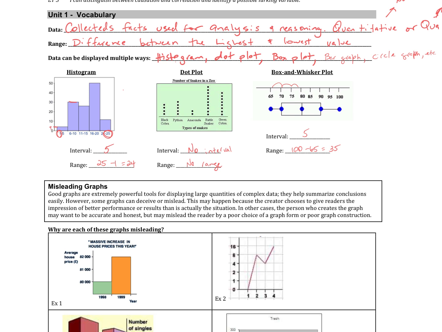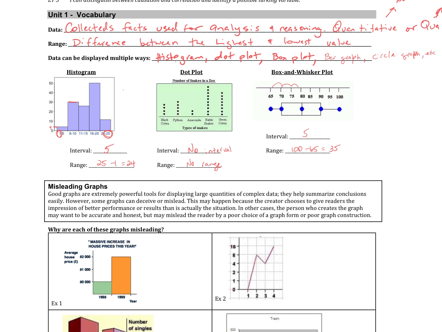However, some graphs can deceive or mislead, and sometimes people will actually do this on purpose because when they give presentations, people are not well versed in knowing what graphs should look like. So they can deceive them to make the data look like something in their favor. So our goal is to teach you how to recognize when a graph might be misleading or deceiving.